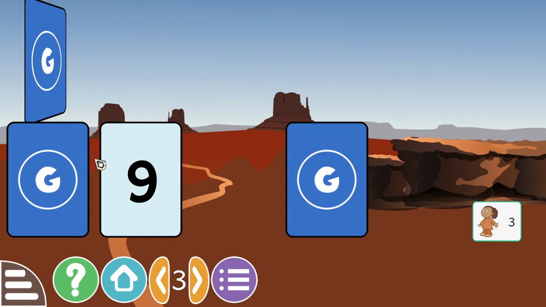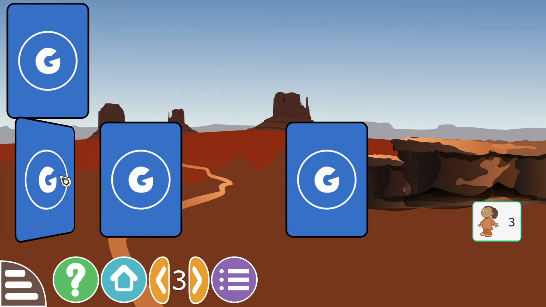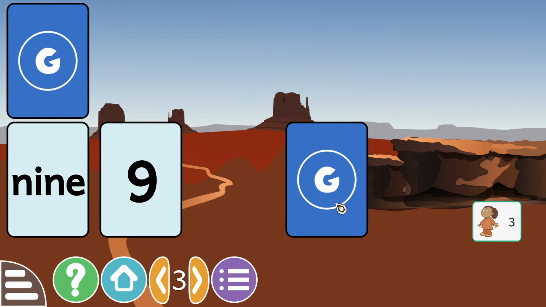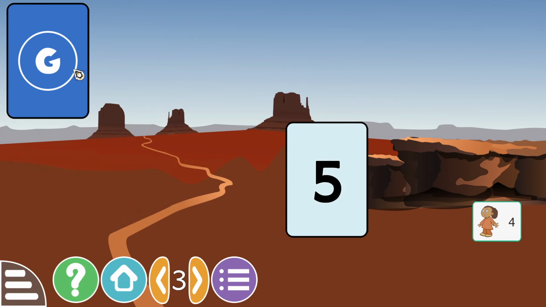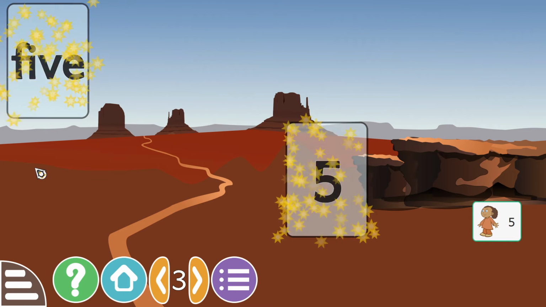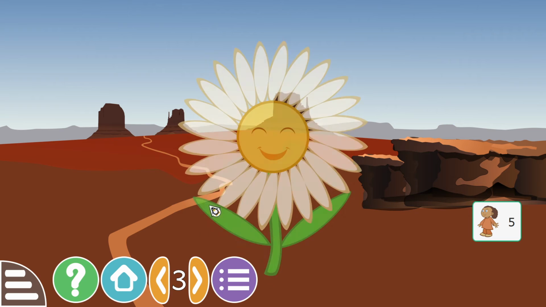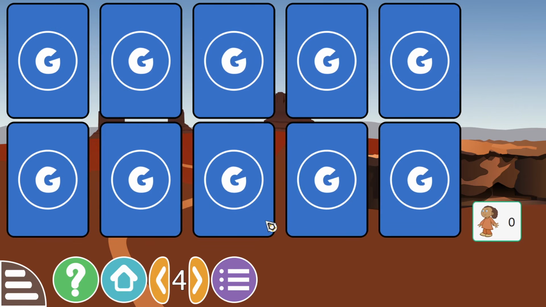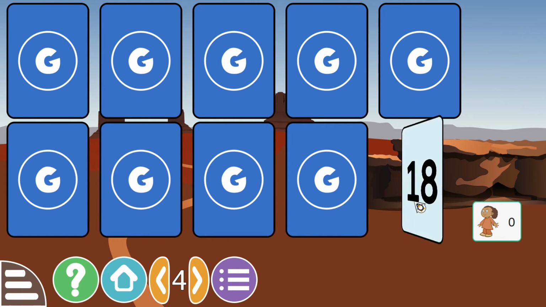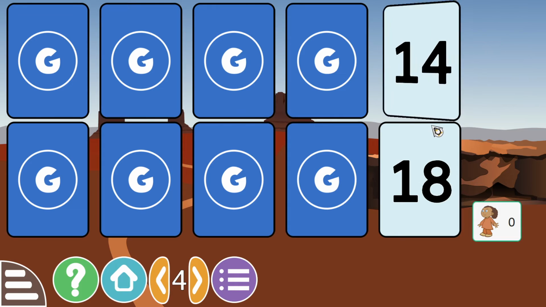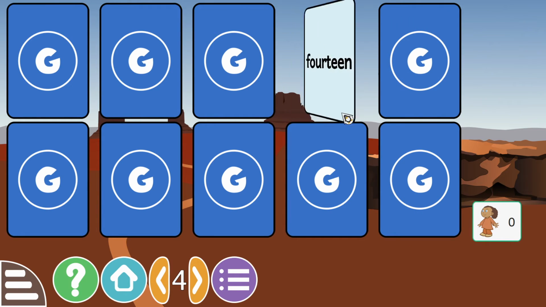So I've got a 50-50 chance whether... No, it's a 5. But I still knew we hadn't seen the 9, and it had to be one of those last 2 as well. So 18, 14.